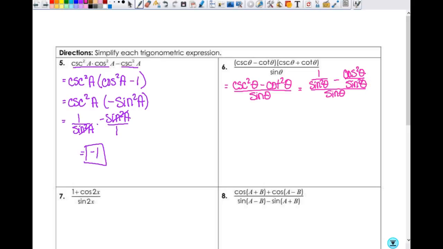All right, well in the numerator, I already have a common denominator. So this is going to give me 1 minus cosine squared theta over sine squared theta all over sine theta. So 1 minus cosine squared is sine squared. So this gives me sine squared theta over sine squared theta all over sine theta, which gives me 1 over sine theta, which is cosecant theta.